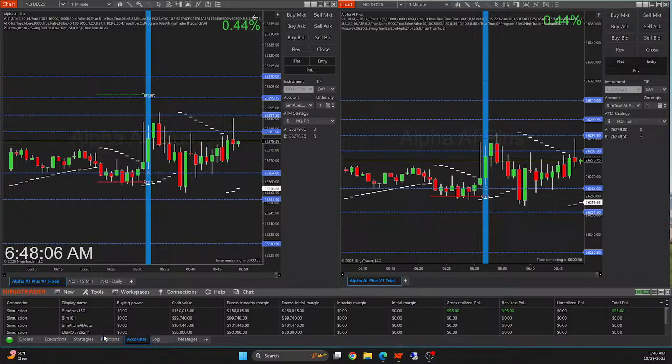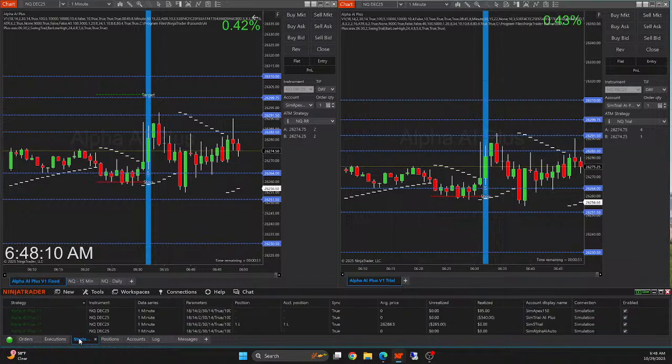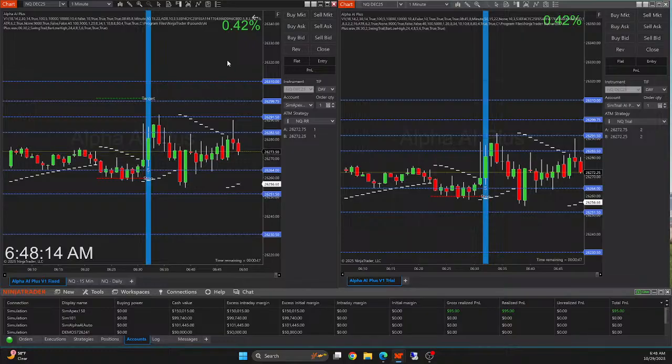Again, this template is still long, and we are waiting for a new signal or a new trade to manage.